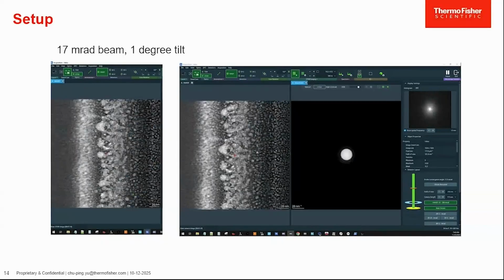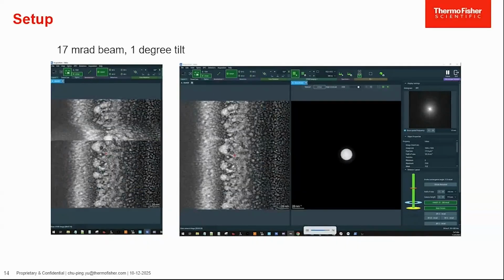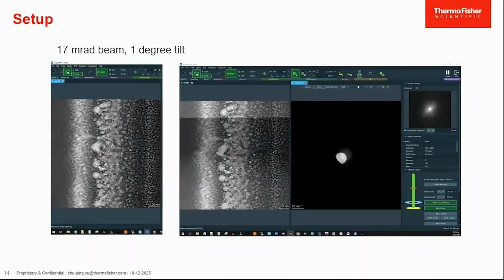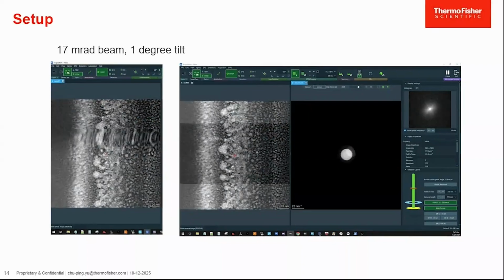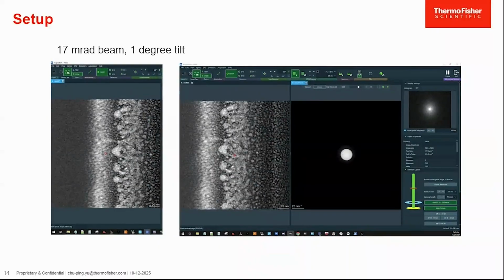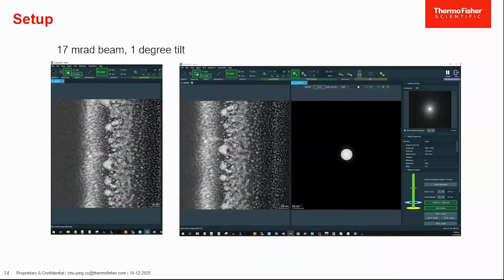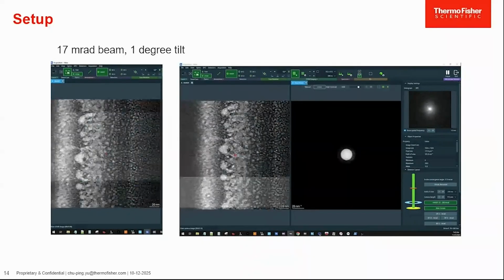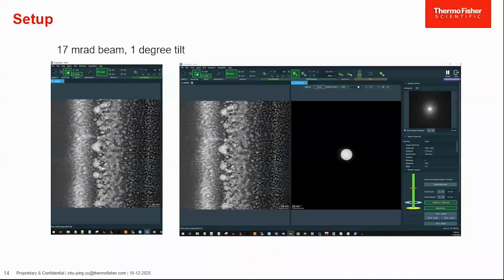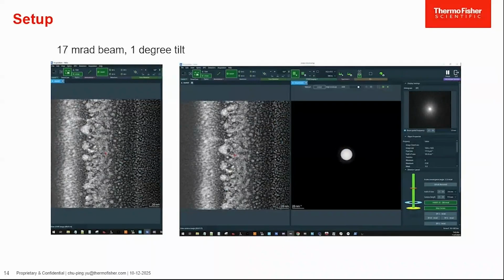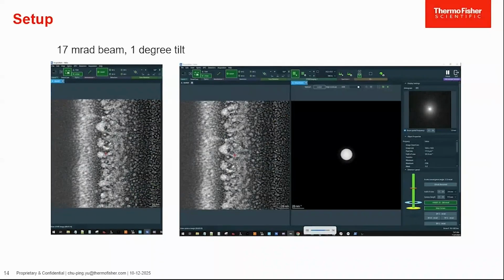After the calibration, these features stay where they should be, regardless of what tilt angle I'm using. Another thing I want to point out is that the quality of the image is not changed even with about 1 degree tilt here. That verifies our assumption that our beam remains corrected even with large tilt angles.